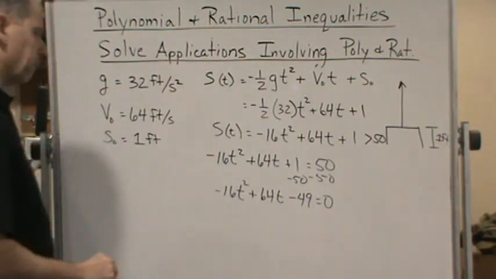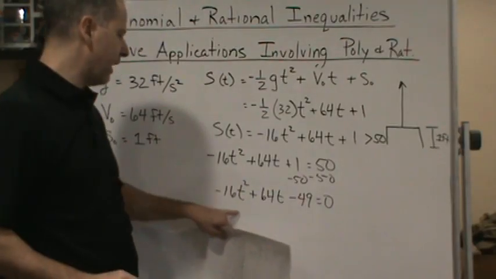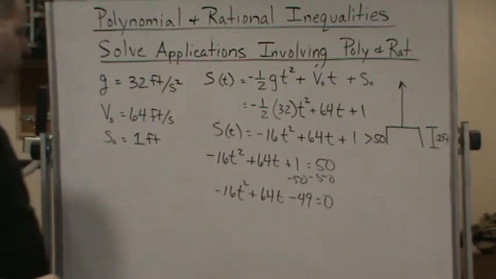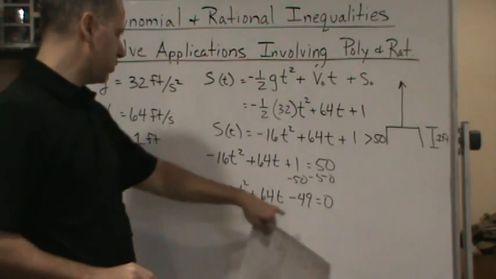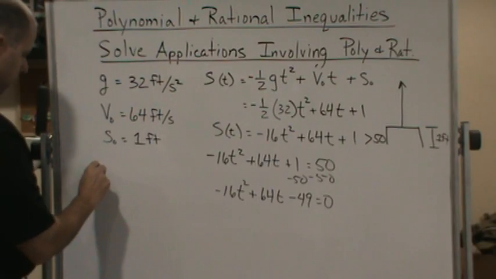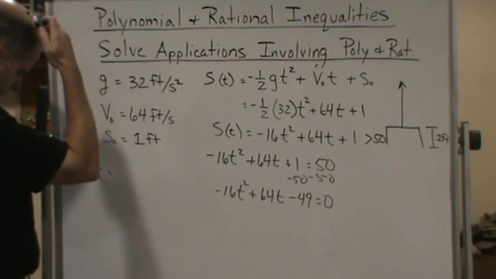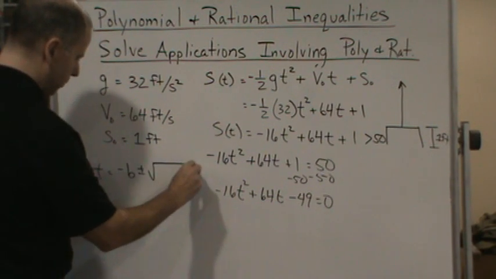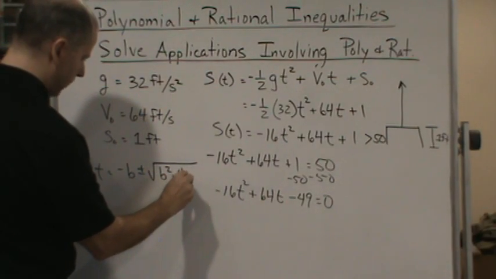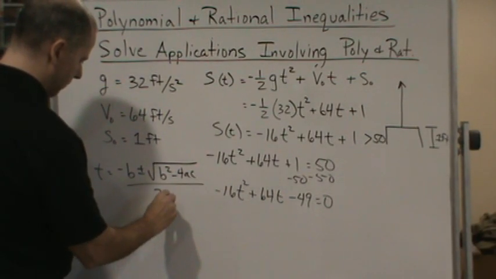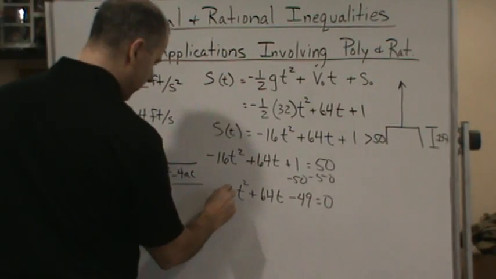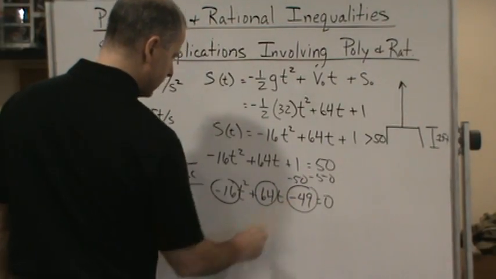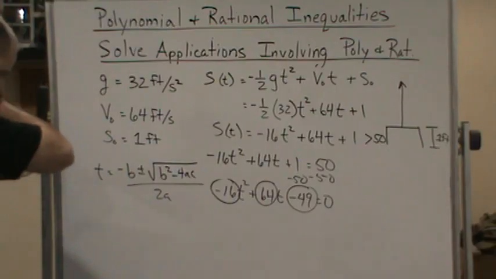And now, this is not going to be easily factorable. So we're going to want to use the quadratic formula. Let's solve for t using the quadratic formula. That's t is equal to negative b plus or minus the square root of b squared minus 4ac, divided by 2a. Now, a is negative 16, b is 64, c is negative 49. So let's plug those values in.